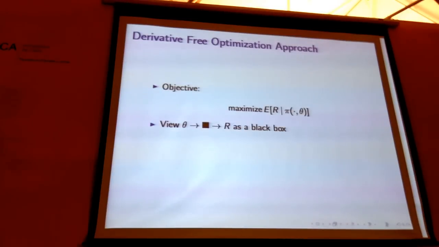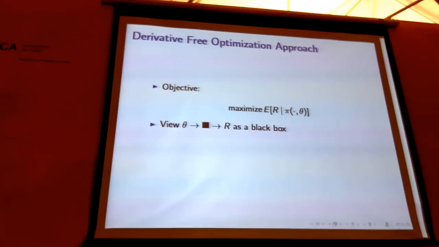The derivative-free optimization approach just looks at this as a black box where you put in theta, then something complicated happens, including noise, and then out comes the total reward of the episode.